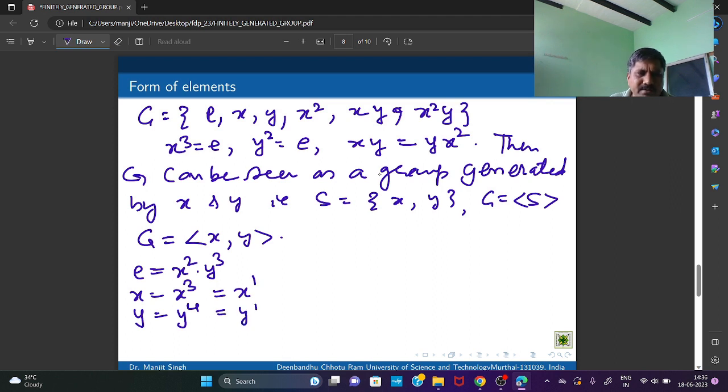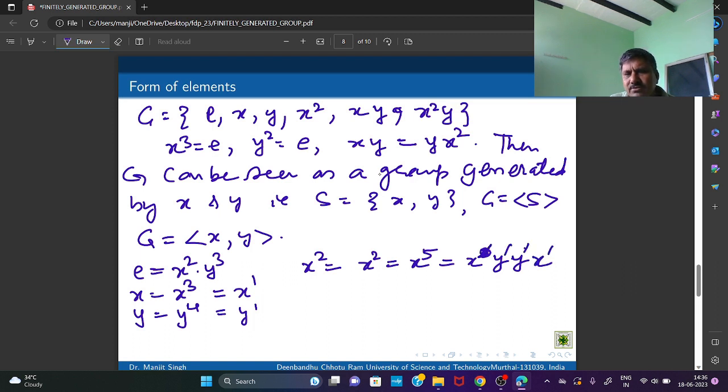They have several representations. Then x square can be written as x raised to power 5. So it has several representations. It can also be written as x square y square y, and also as x y x.